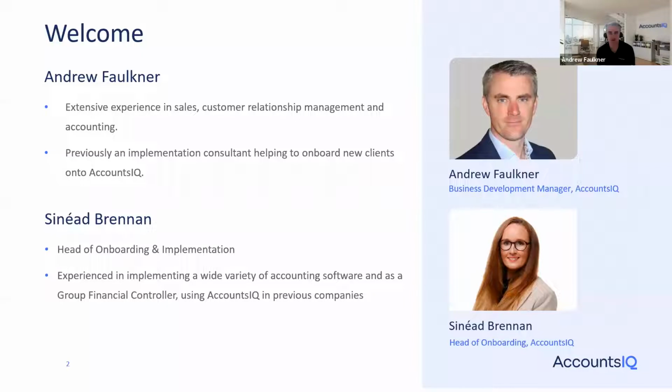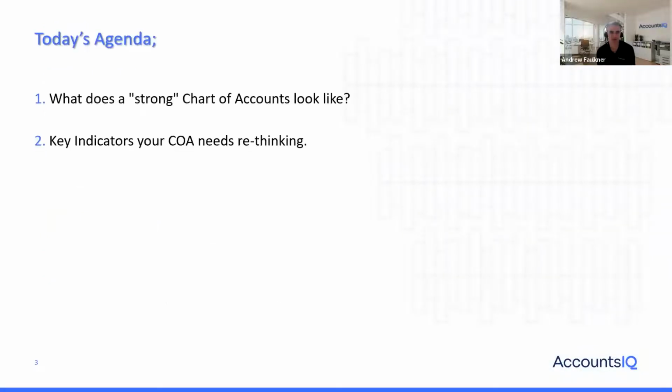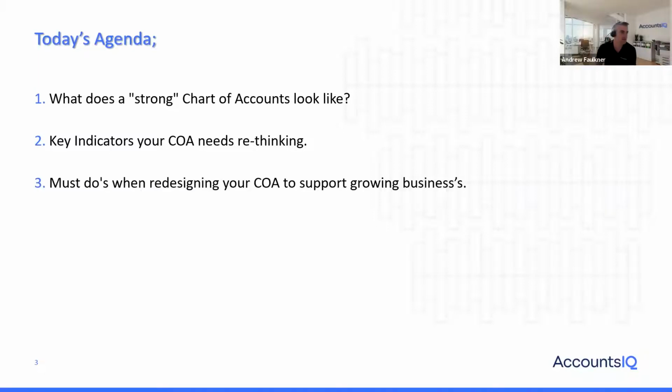Do you want to flick onto the next slide there? Just a quick run through on what we're going to talk about today. So today's agenda, we're going to run through what does a strong chart of accounts look like. What are the key indicators that your COA needs a bit of a rethink at this stage?